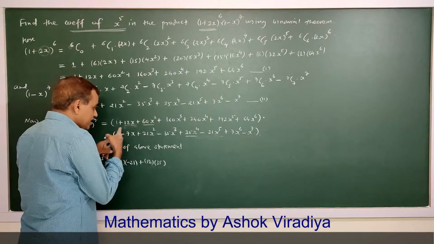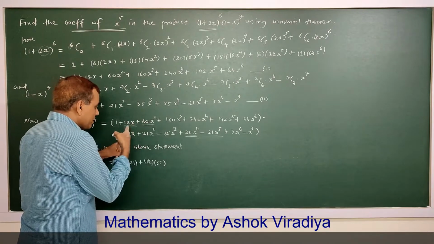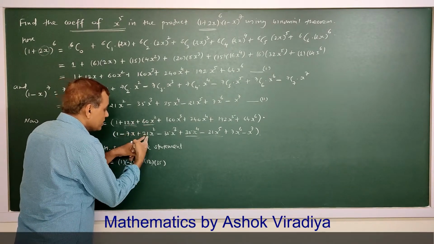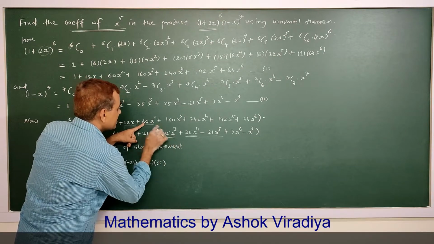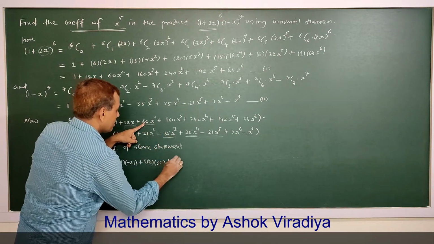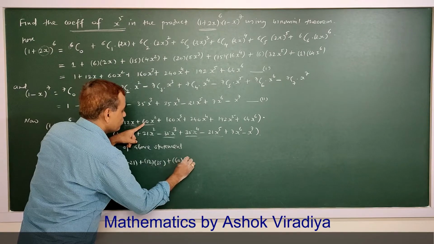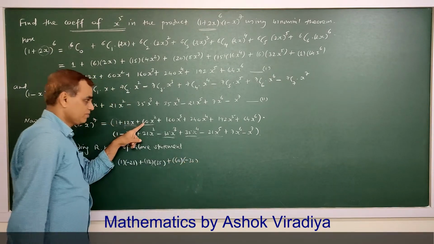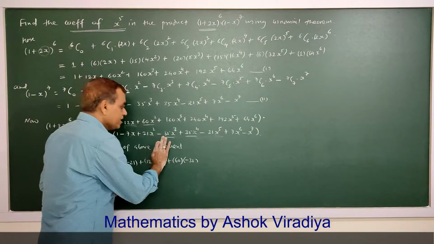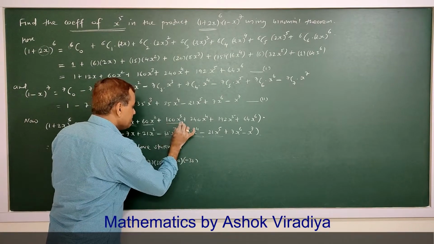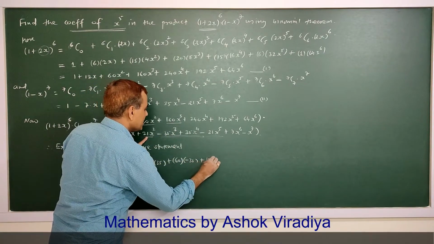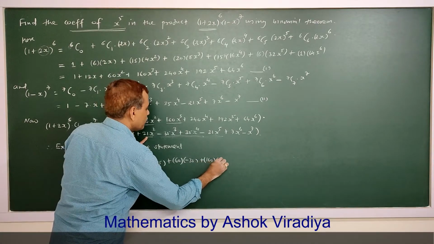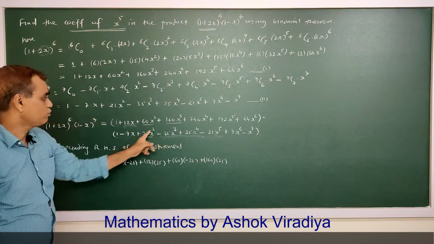Similarly, 60x square into 1, 60x square into this number, and when it is multiplied with this number, it will be x raised to 5. So plus 60 into minus 35. Then continuing this procedure, plus 160 into 21 gives x raised to 5.